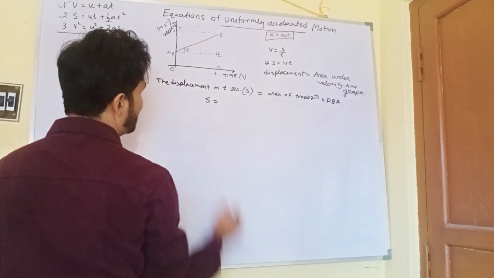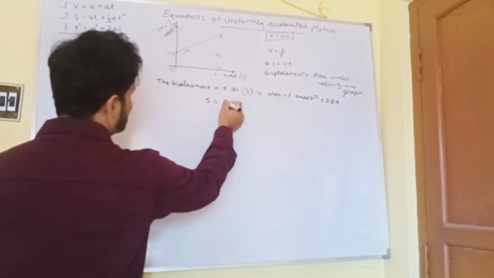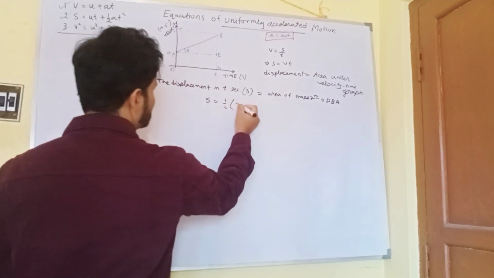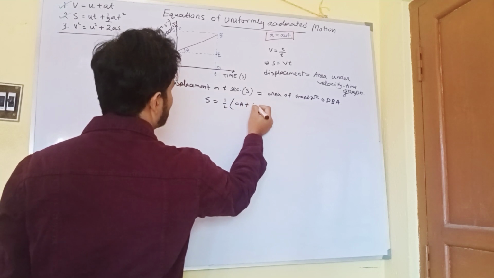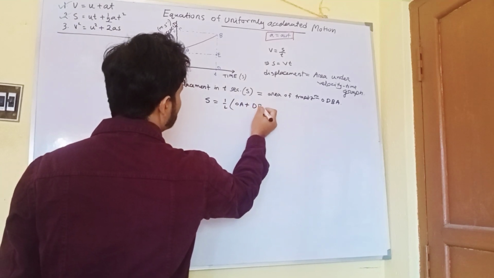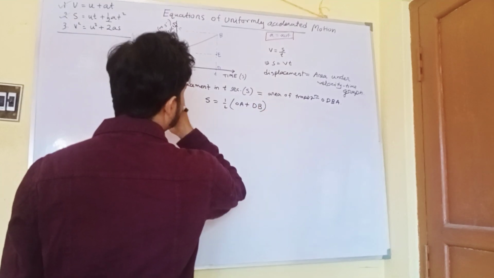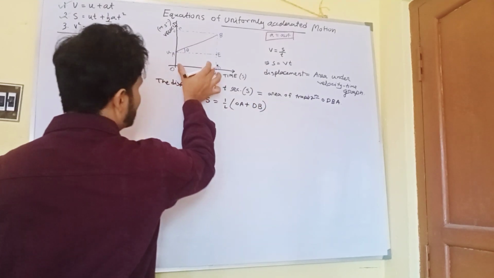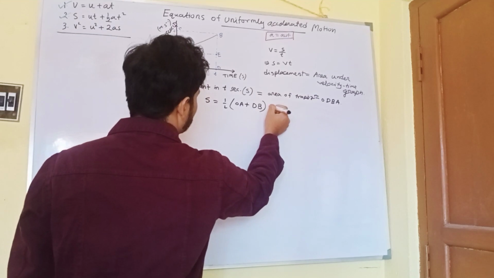So how do we calculate the area of this trapezium? Half into the sum of parallel sides, that is OA plus DB, into the height of the trapezium, that is AE.